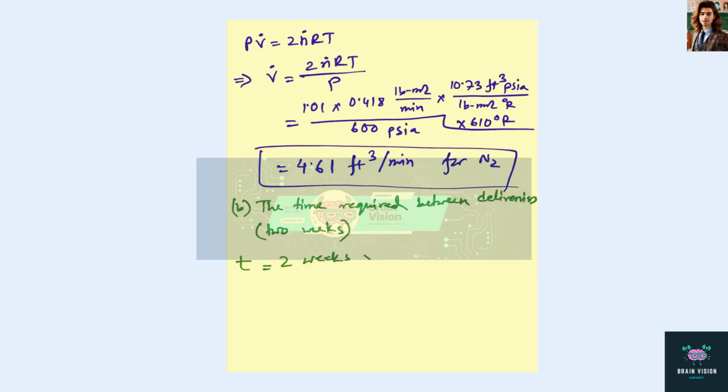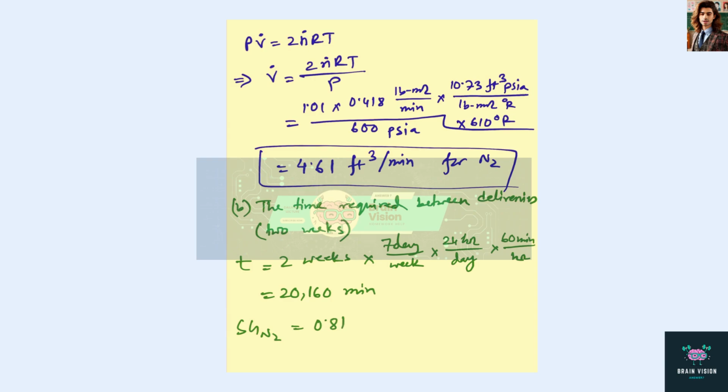The time is equal to 2 weeks multiplied by 7 days per week, multiplied by 24 hours a day, multiplied by 60 minutes per hour. Therefore, we get the time is 20,160 minutes.